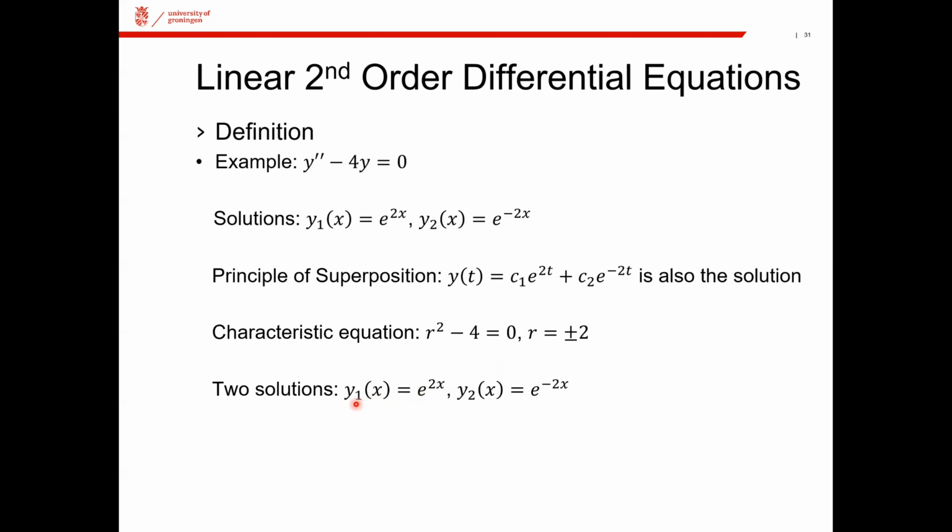The first one is y1(x) equals e to the power of 2x, and y2 equals e to the power of minus 2x. And we can find that these two, 2 and minus 2, are the solutions of the characteristic equation. Well, we will talk about it in more detail later.